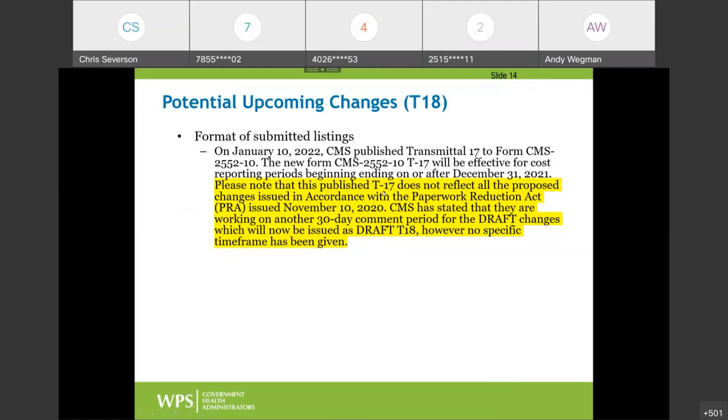So it didn't make it into Transmittal 17, and therefore it's not going to impact this year's audits. We're still going to stick with the same templates that we had in the past, but it's very likely that by next year we'll have different templates.